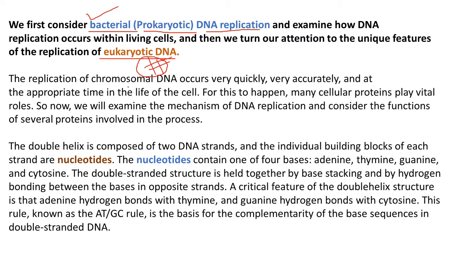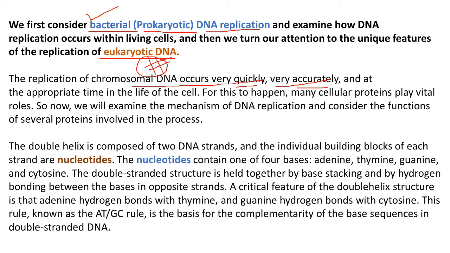The replication of chromosomal DNA occurs very quickly and very accurately. Just note the term, very quickly and very accurately. Within the given time, the DNA replicates itself at the appropriate time in the life of the cell.